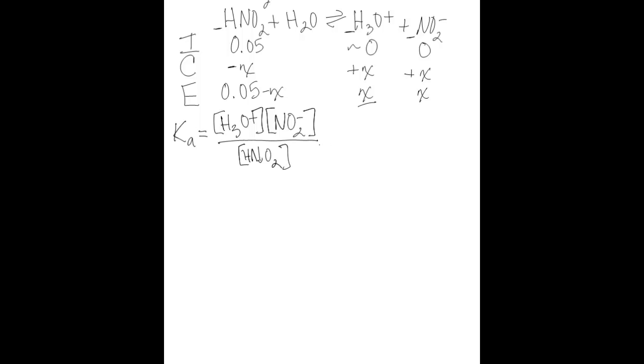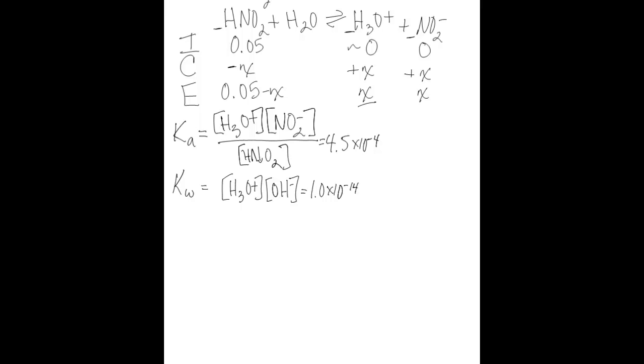And we know that this Ka value is equal to 4.5 times 10 to the negative 4. The equilibrium equation for the subsidiary reaction is Kw is equal to hydronium ion concentration times hydroxide ion concentration is equal to 1.0 times 10 to the negative 14.